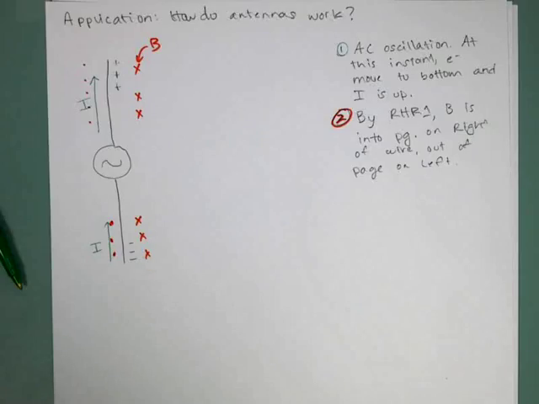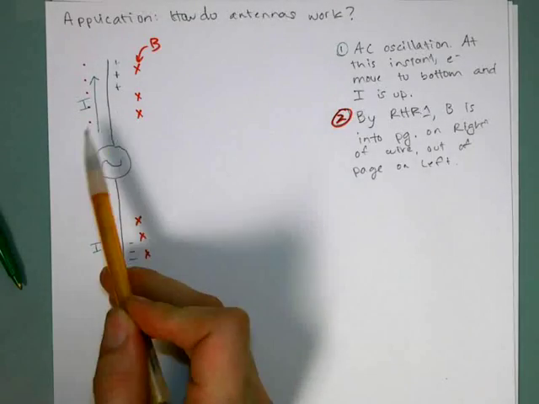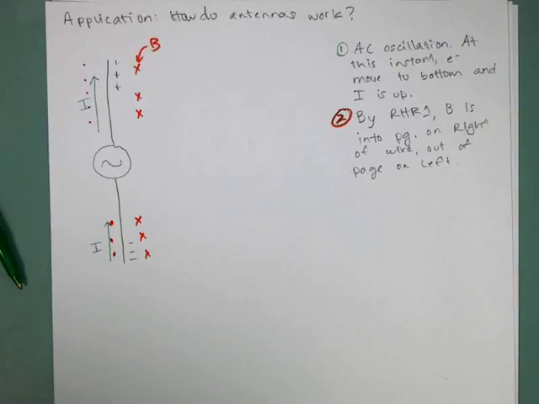The magnetic field, and this isn't an induced magnetic field, this is just a normal old magnetic field. We have a current, there will be a magnetic field associated with that, is into the page on the right and out of the page on the left.